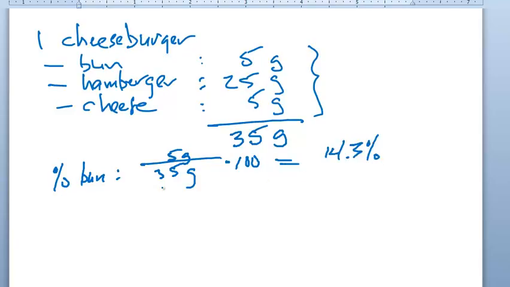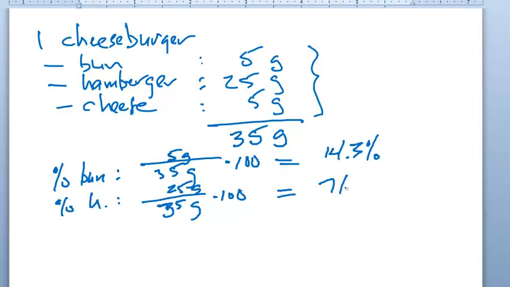Okay. Likewise, the percent of the hamburger, I'll just abbreviate H for hamburger, then that would be 25 grams divided by 35 grams times 100. And let's see, that would be 25 divided by 35, 71.4%.